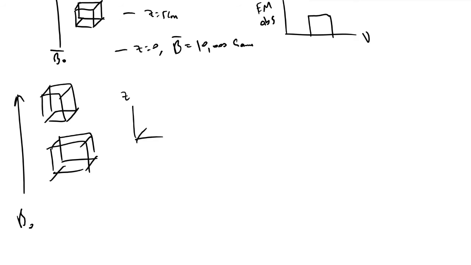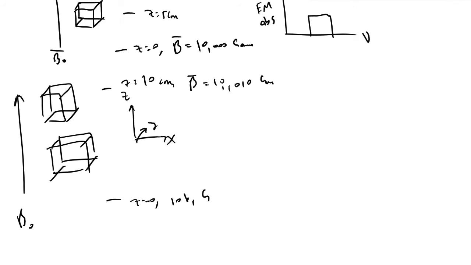So I'll define up to be Z, right to be X, and into the page will be Y. If we apply the same technique in which we generated a magnetic gradient at z equals 0, we had 10K Gauss, and at z equal to 10 centimeters, we had a magnetic field strength equivalent to 10,010 Gauss.